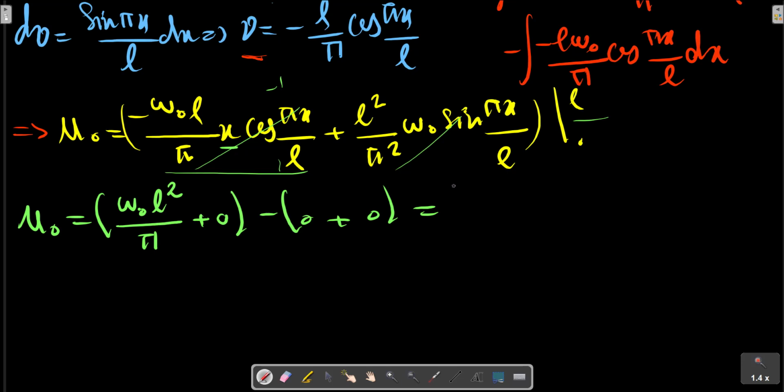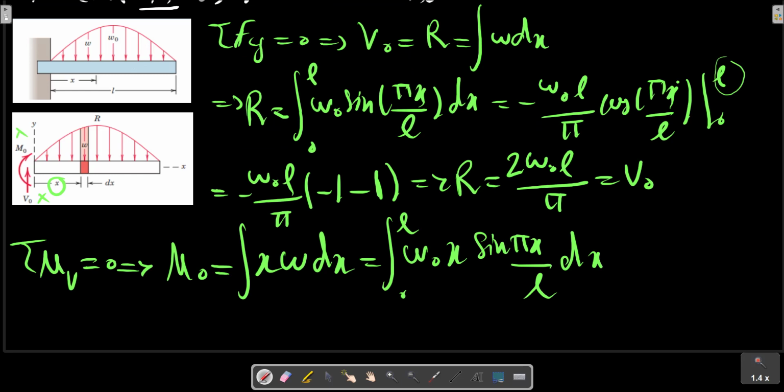M0 equals omega 0 L squared on pi. And because we chose the positive direction for a cantilever as plus, our M appears with the minus sign in this direction.